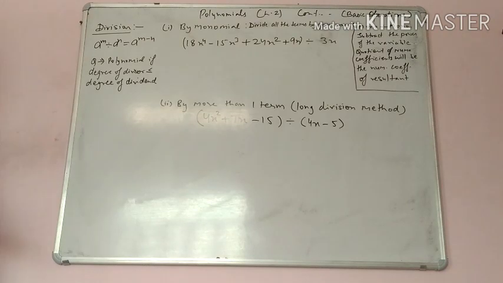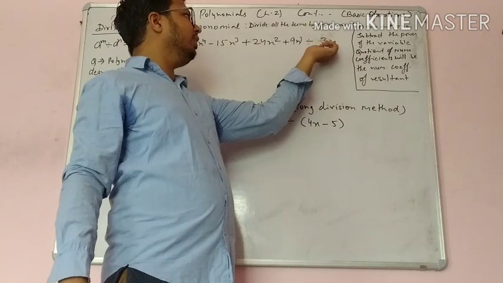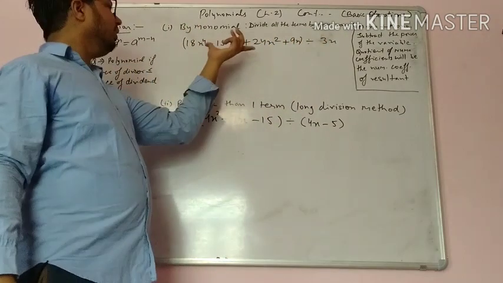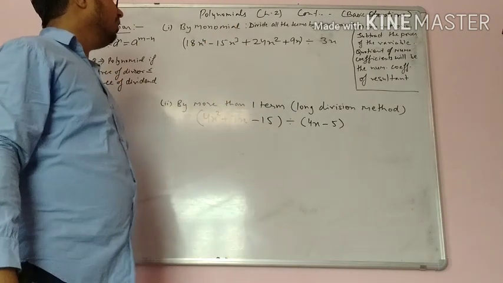Clear? Remember that the quotient will be a polynomial when the degree of the divisor is less than the degree of the dividend.